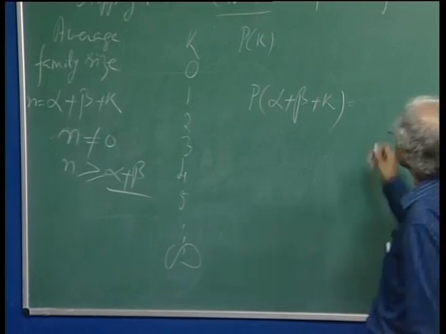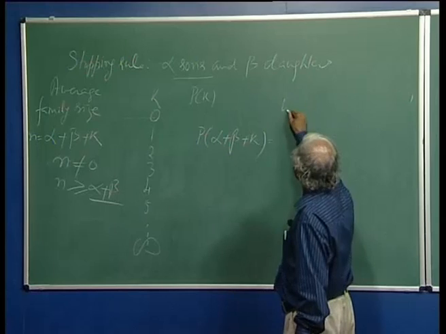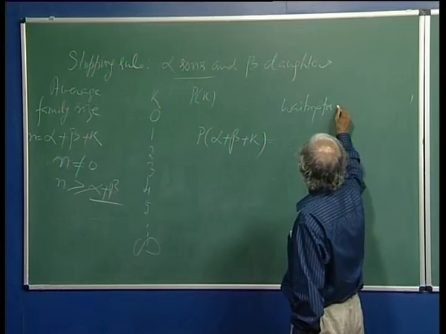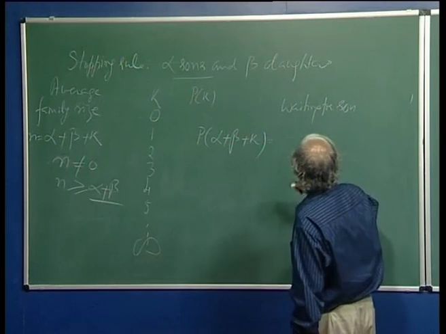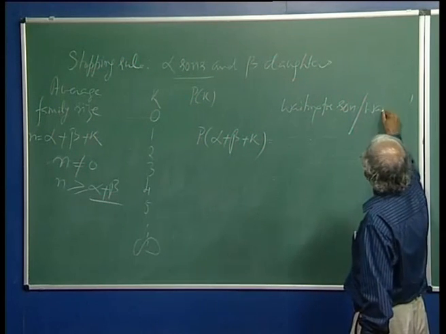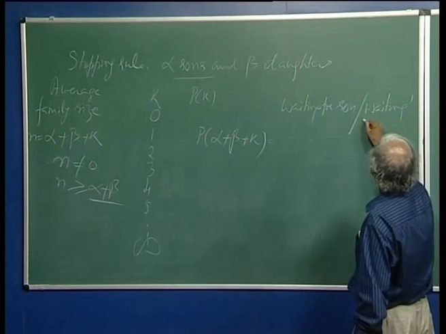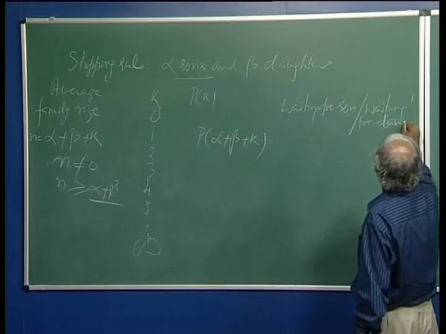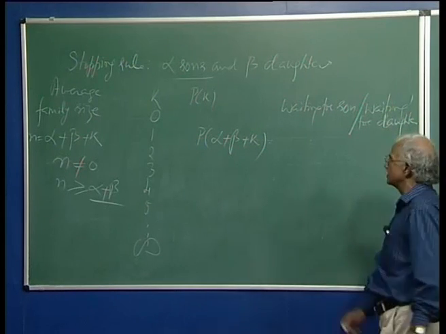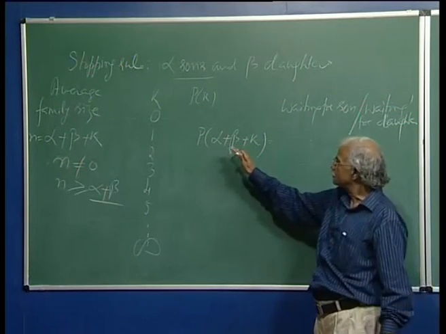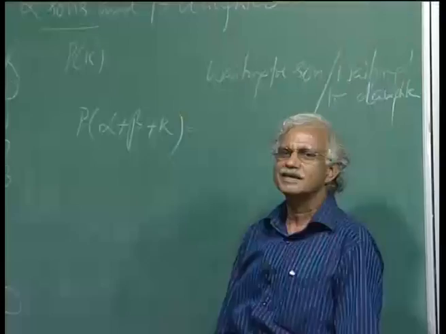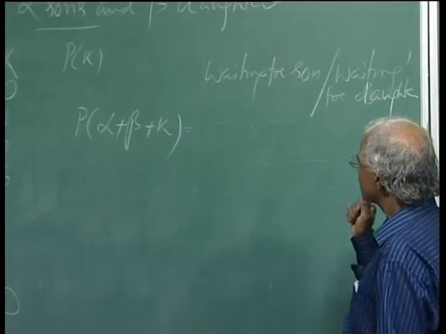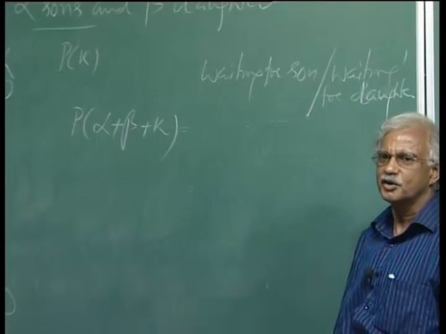One type of couples were waiting for a son, or another type of couples were waiting for a daughter. When they stop at alpha plus beta plus k, then either they were waiting for one more son or they were waiting for one more daughter.